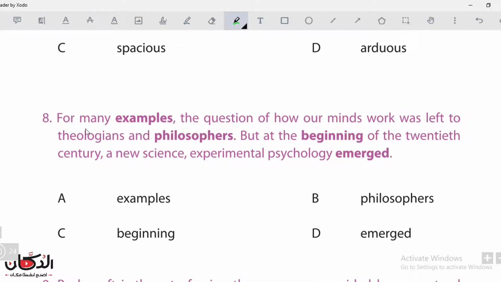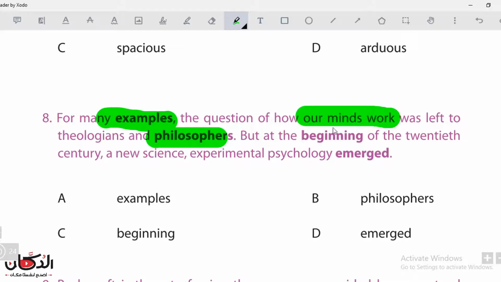The following example. Okay. Philosophers. Okay, how our minds work. Yeah, philosophers discuss these matters, like how our minds work. Yes, at the beginning of the 20th century.